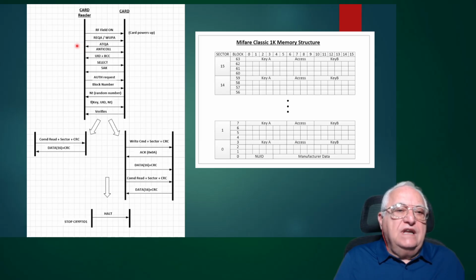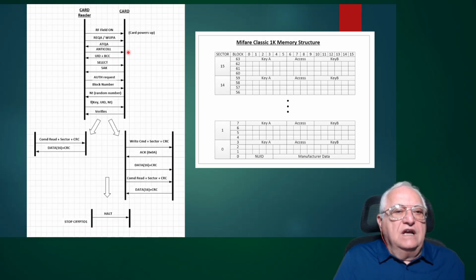As soon as we get an ATQA, the reader knows there is a card, so let's do an anti-collision signal. They call it anti-collision because you could have more than one tag at the same time, so eventually you have to select which card you want to talk to, but usually it's going to be one.